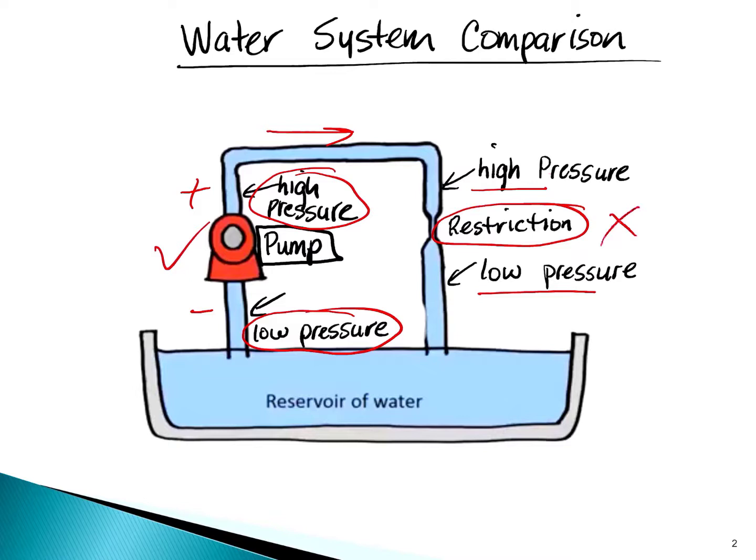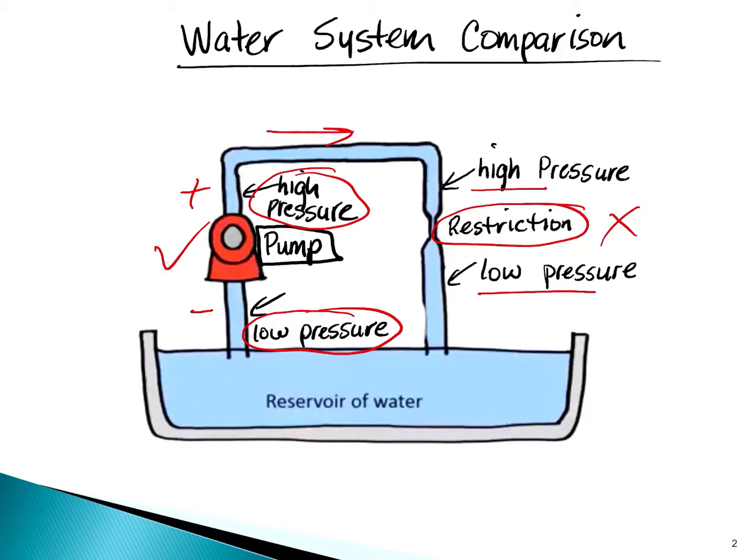So that's something we can draw right away from this system, is that a difference or potential can occur from a source or a pump, but no work is going to be done, or no pressure difference is going to be present, when you have a restriction without flow. So we could say that the pressure difference for the restriction is dependent on flow. The source or the pump is not.